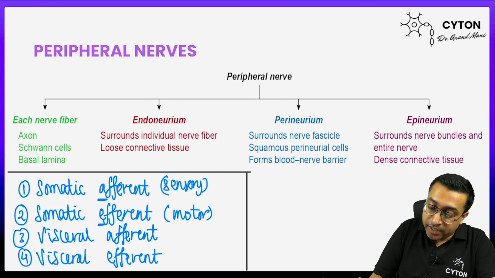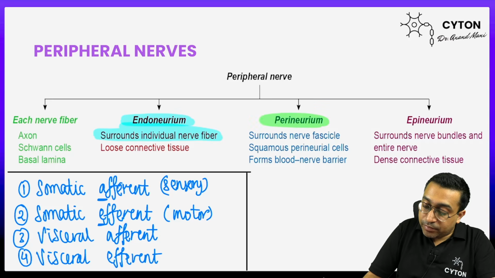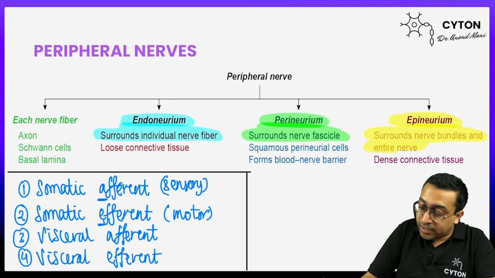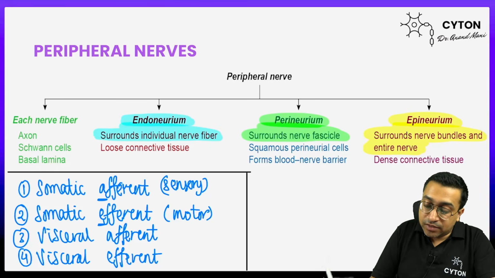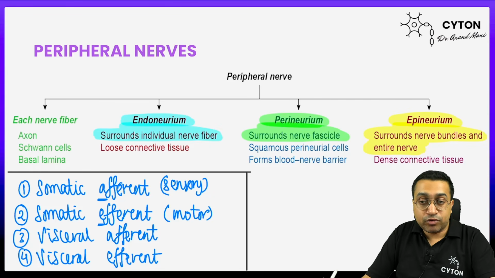So let me highlight them. Endoneurium, it is surrounding the individual nerve fibers. I will show you in the photo. Perineurium, it is surrounding the nerve fascicle. Lastly, epineurium, which surrounds the nerve bundles and the entire nerve itself. Okay, so these are the different neuriums which you have to remember.